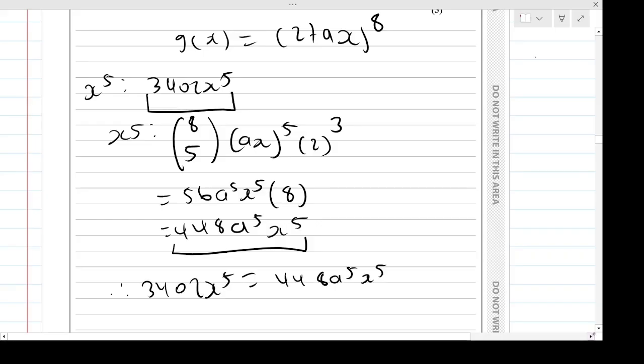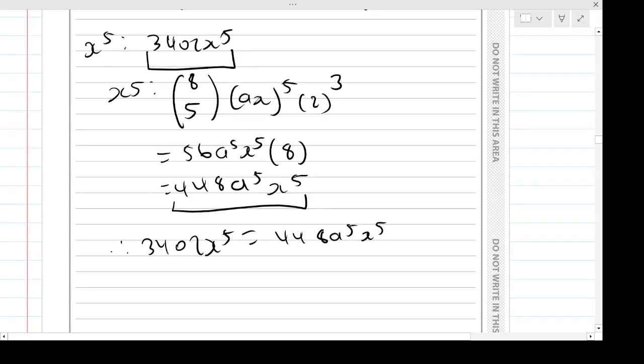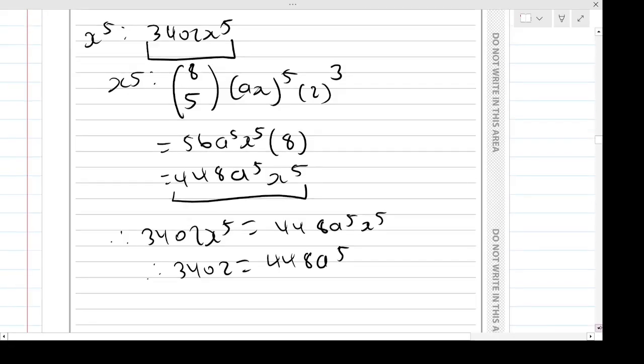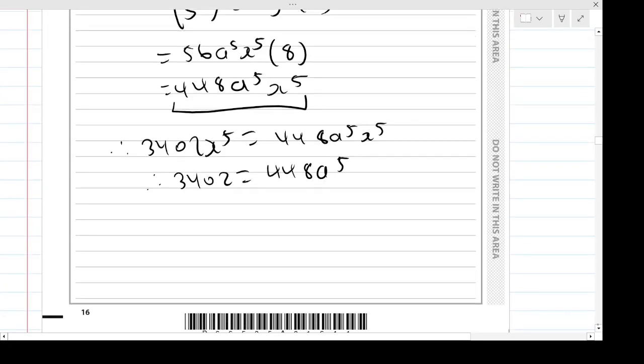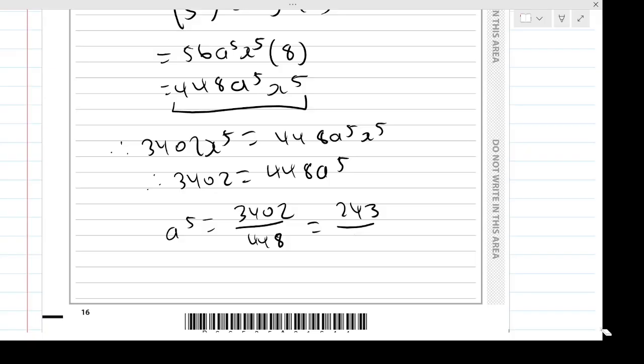And so therefore the coefficients have to be the same. So 3402 has to equal 448a^5, and then I'd solve for a. So a^5 is 3402 divided by 448, which is just 243 over 32.